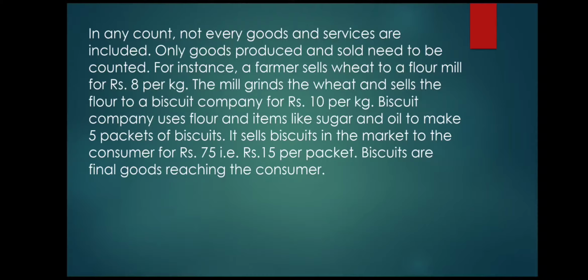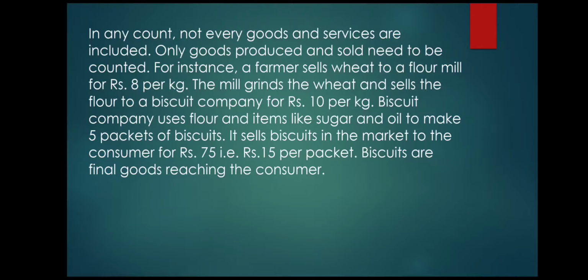In order to make biscuits, he purchases the flour, and with 1 kg he is able to make 5 packets of biscuits and sell them for rupees 75. So biscuits here are final goods that are reaching the consumer.